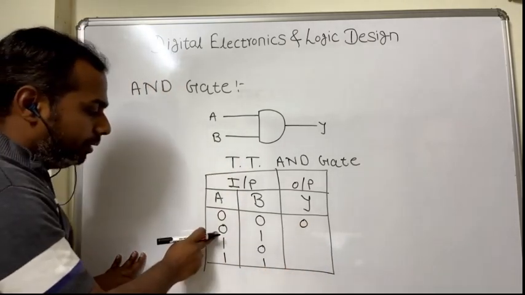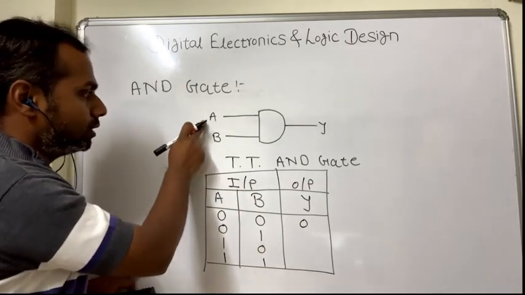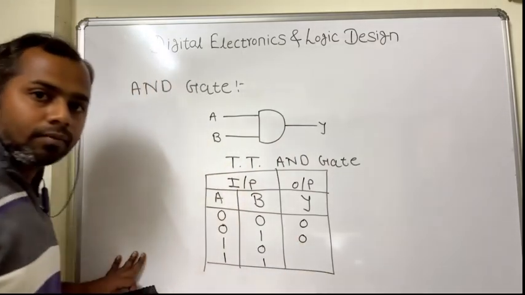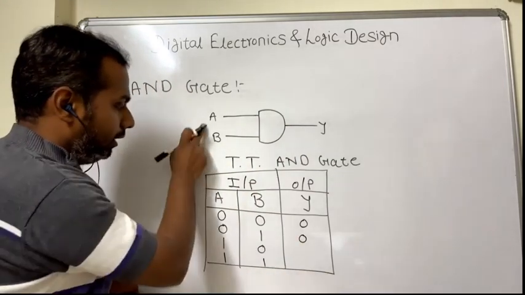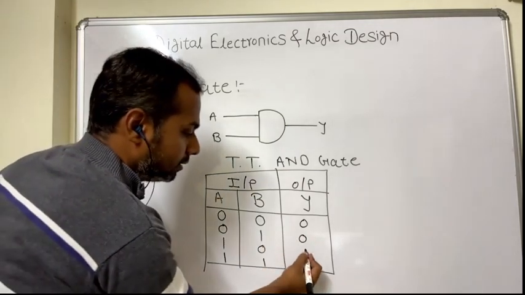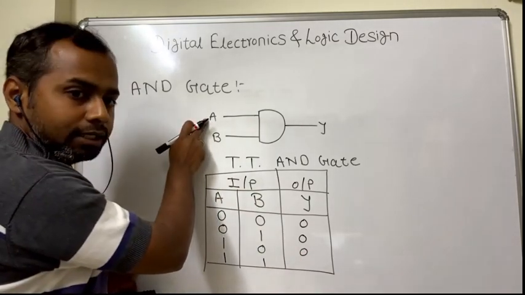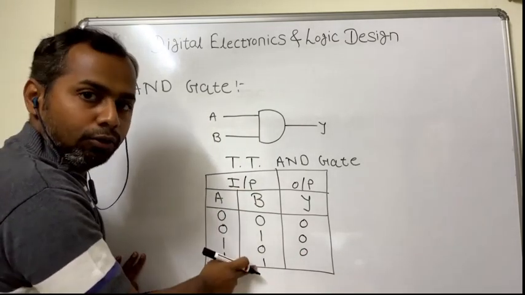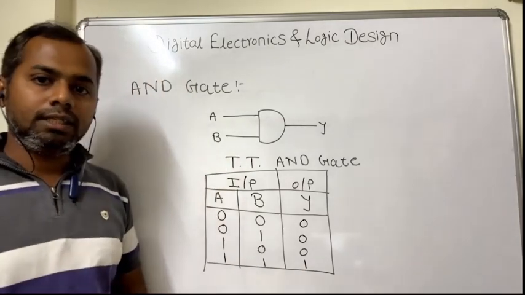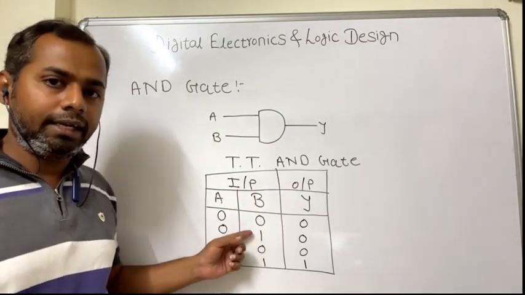For A equal to 0, B equal to 1, Y is 0. Third combination, A equal to 1, B equal to 0, output is 0. Last combination, A equal to 1, B equal to 1, output is 1. So this is the logical symbol of AND gate, and this is the truth table of AND gate.